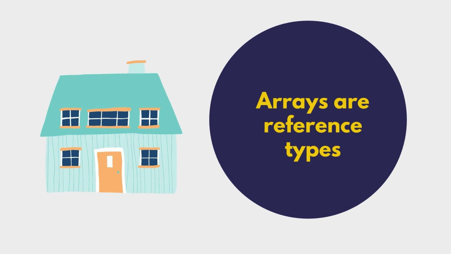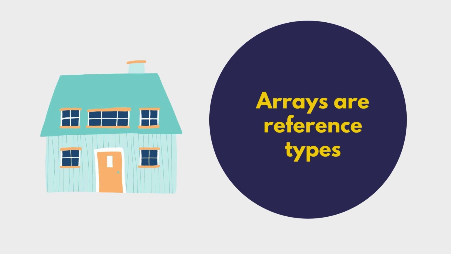So these are what we call reference types. When you use reference types, it's a reference to the data that is stored in memory. It's a bit like saying you have an address for where you live. It's an address to the data that's stored in the computer's memory, as opposed to the data itself being stored.